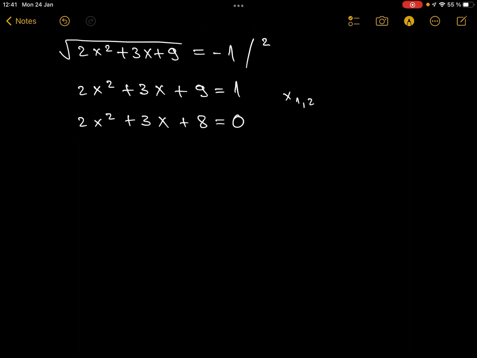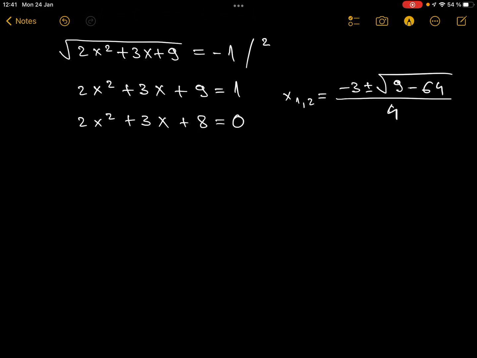So x12 is equal to negative 3 plus minus the square root of 3 squared, which is 9, minus 4 times 2, which is negative 8 times 8, minus 64 over 4.